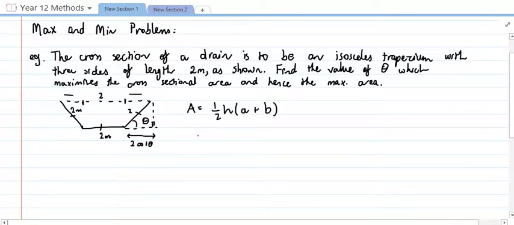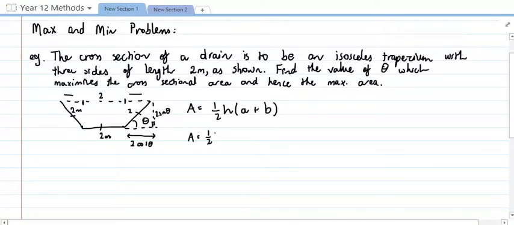So that means the area can be written as half of the height. Oh, I didn't find out what the height was either. But the height can be found in much the same way as the other value. That's just 2 sine theta.